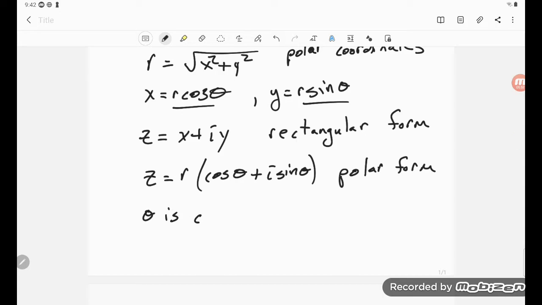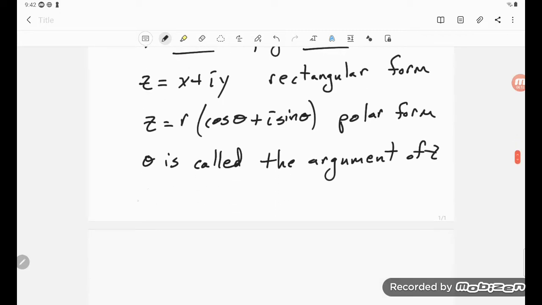Okay, and here that theta is called the argument of z. Now the thing is, arg z, let's see, I'm looking at the text here while I'm doing this, trying to see if they use any shorter notation.